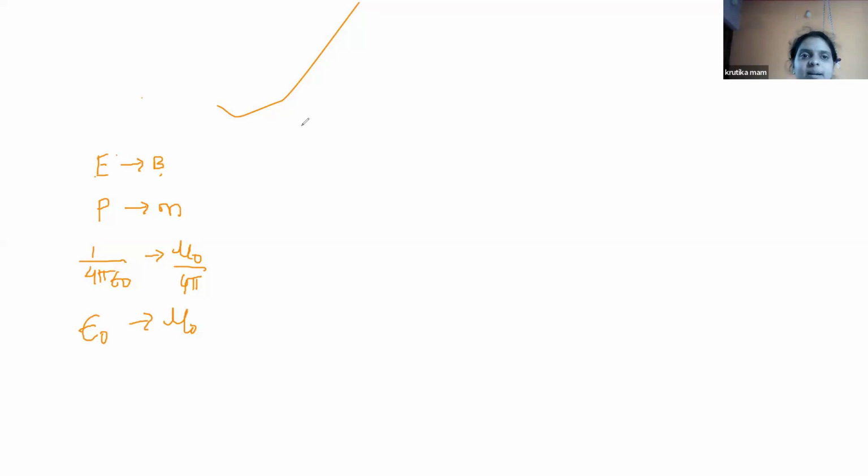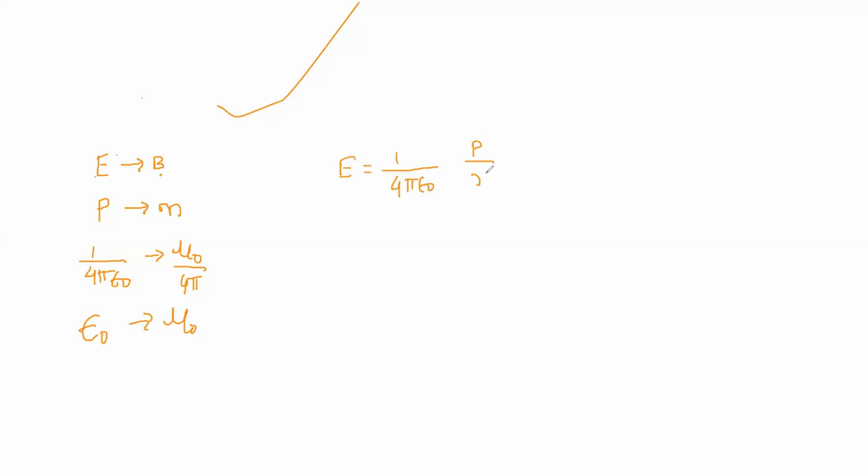Let us make one more list. According to this list, the electric field intensity for the short dipole, as we write, is 1/4πε0 p divided by r cube. In case of the magnetic field, it is given by μ0/4π m divided by r cube.